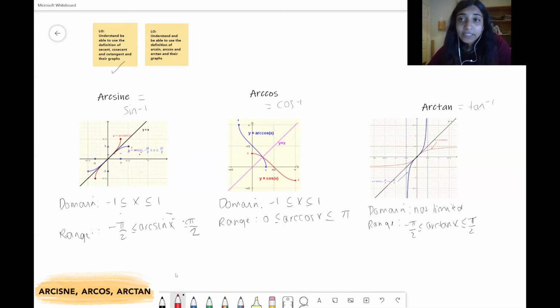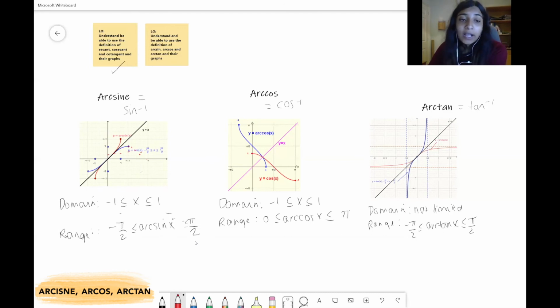So using the definition with ranges and domains of inverse and normal functions, you always remember that you switch the domain and the range. Because the domain of sine x is minus pi over 2 to pi over 2, the range of arcsine x flips around, so it would now be minus pi over 2 to pi over 2.